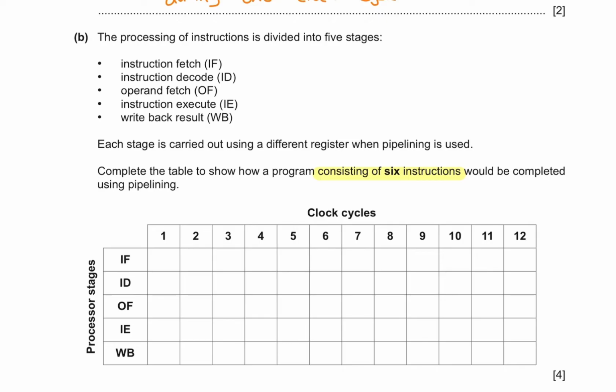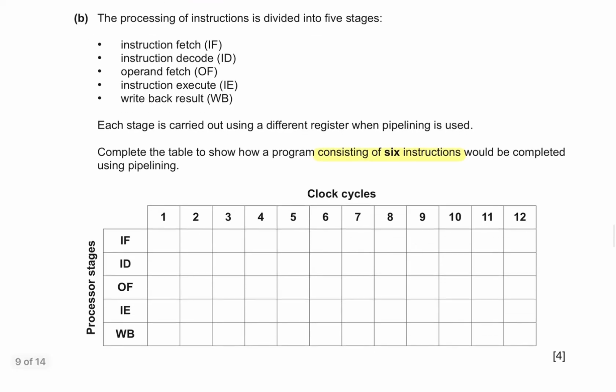Complete the clock cycle. Very easy. Let's say if I'm taking this as 1.1, 1.2 will be here, 1.3, 1.4, 1.5, then 2.1, 2.2, 2.3, 2.4, 2.5.